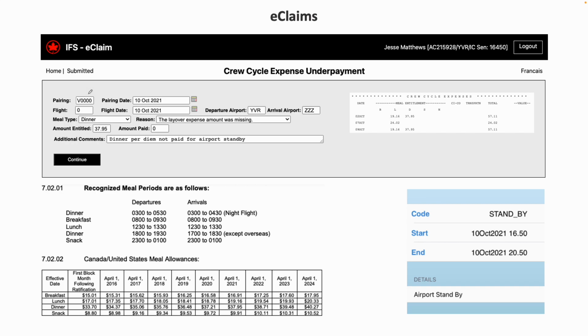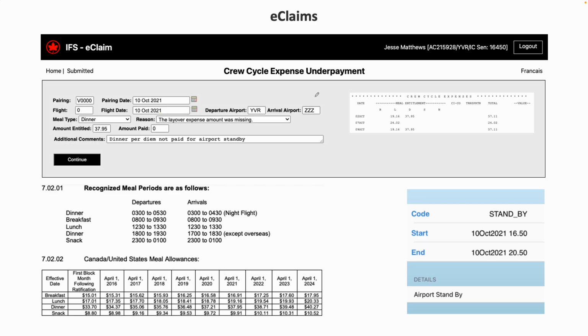If you want to put something in that's valid, you can put in a letter corresponding to a base, V is Vancouver, for example, and you can just put the date of the standby in pairing date if you so wish. You will be asked for a flight number, even though you didn't actually do one. You can just put in 0, and that will work perfectly fine. Flight date can just be the date of the airport standby.